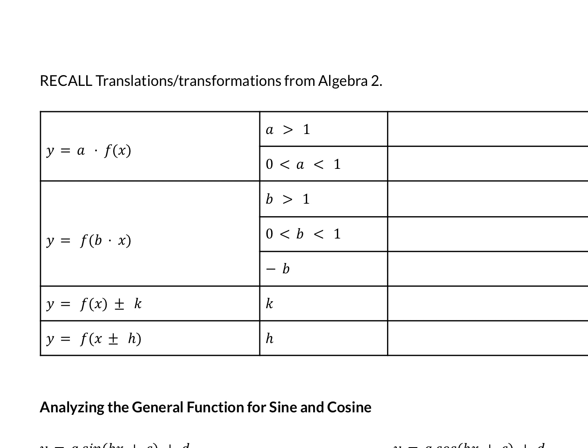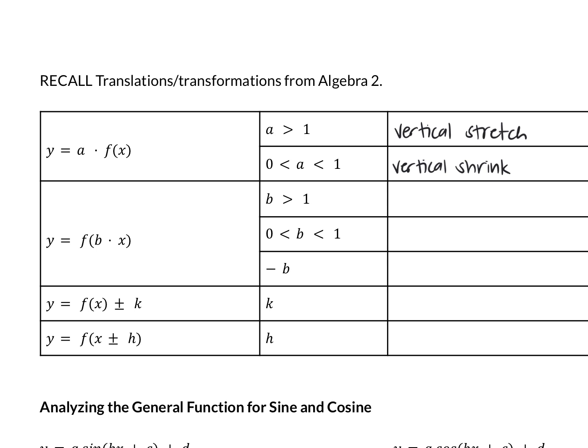Is it going to stretch it or is it going to shrink it? Stretch. So this will be a vertical stretch. If it is smaller than 1 but bigger than 0, so in between 0 and 1, that is going to be a vertical shrink.